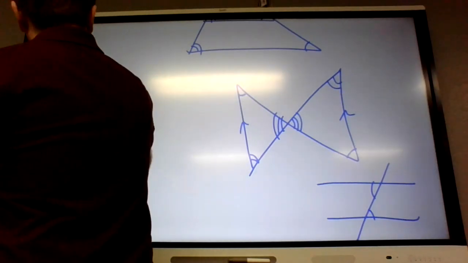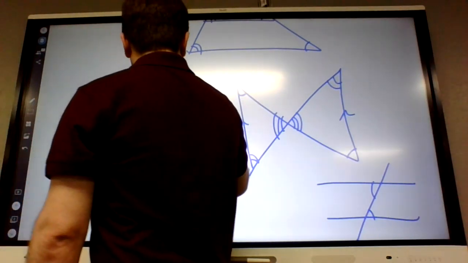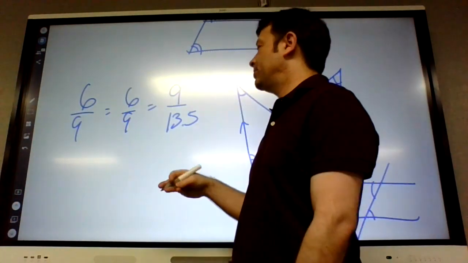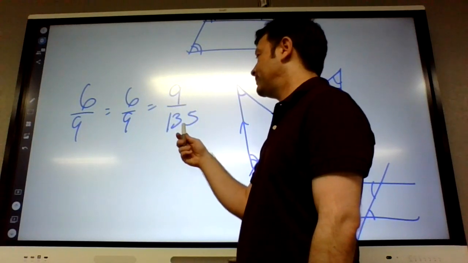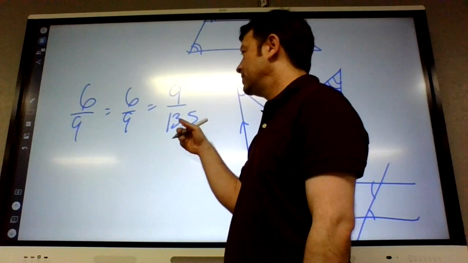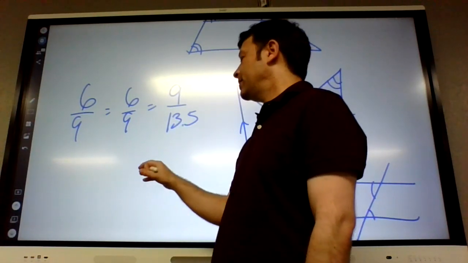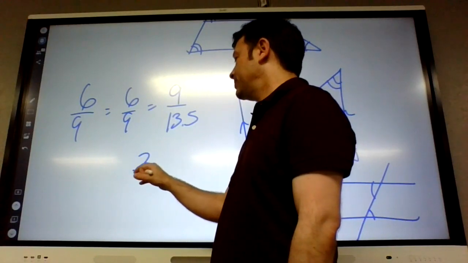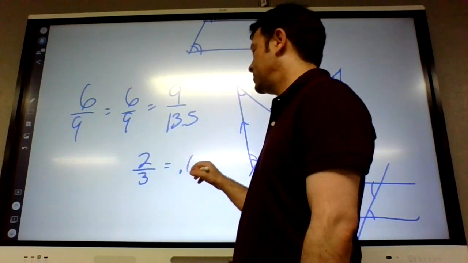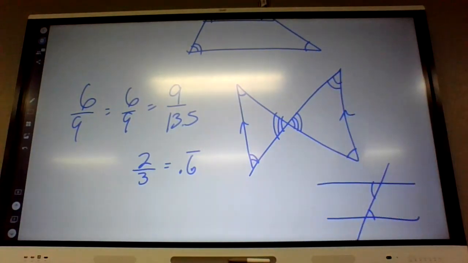If you reduce them all, well, how do you reduce 13.5 though? Doesn't really work very well. You could divide them all. Oh yeah, that's right. If you divide them, they're all like 2/3 or 0.6 repeating.